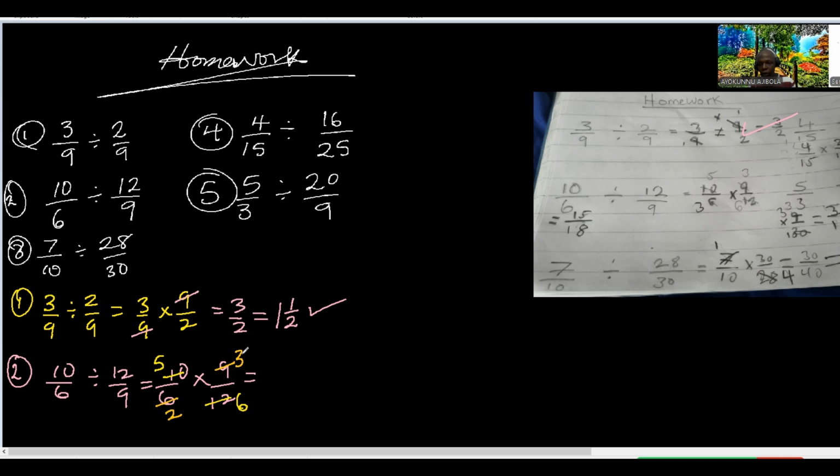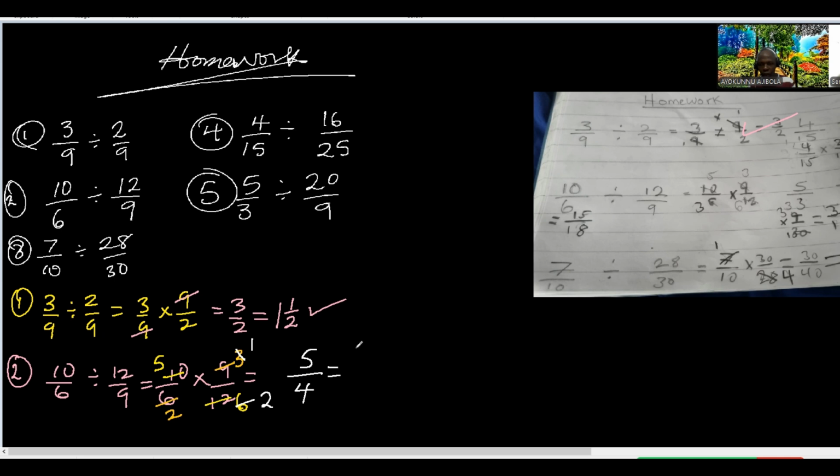Good. So 3 can still divide. 3 here is 1, 3 here is 2, okay? Then we have 5 times 1 gives us 5, and 2 times 2 gives us 4.